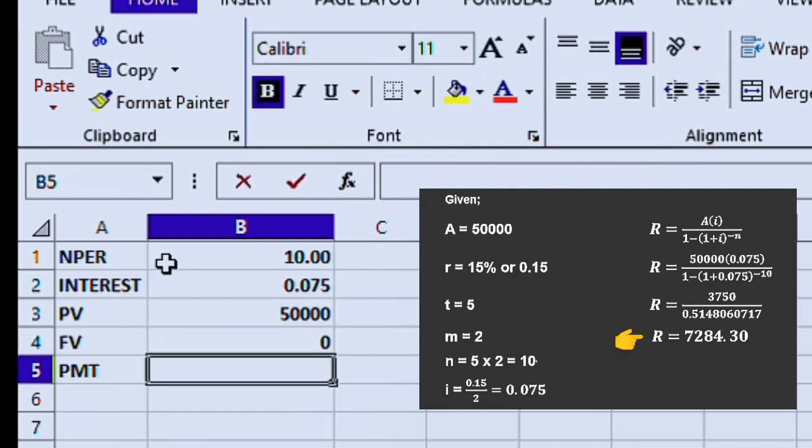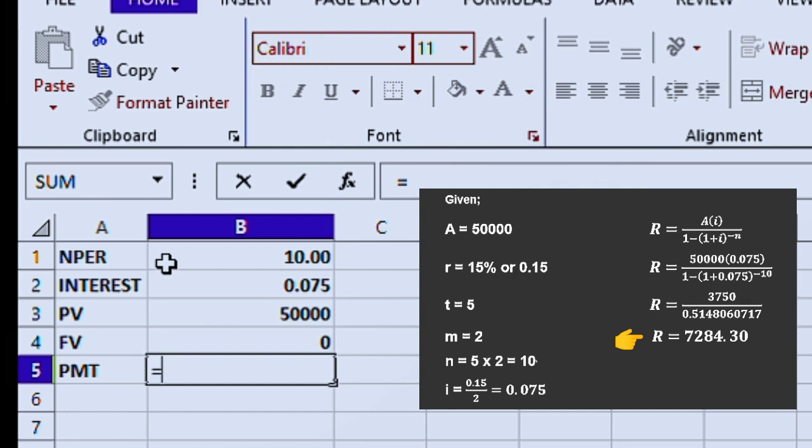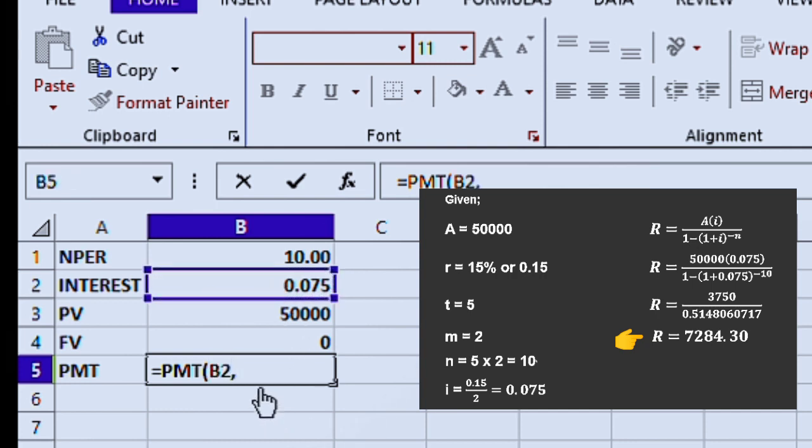To solve the regular payment using Excel, let's type equal sign, then type PMT, open parenthesis, and then follow the pattern here if it's visible. If not, just follow what I do. So first, click the rate or the interest, comma, the N per, comma, the present value.